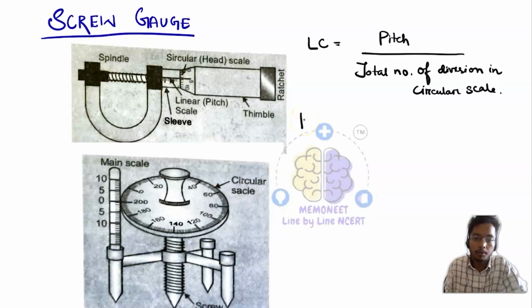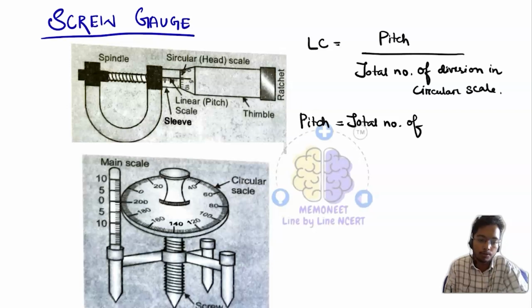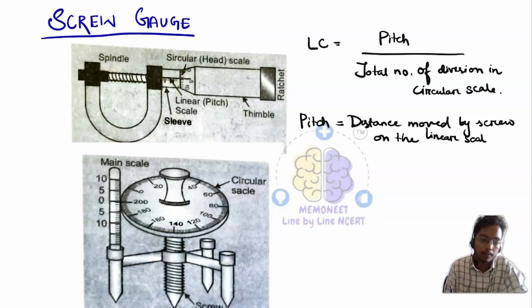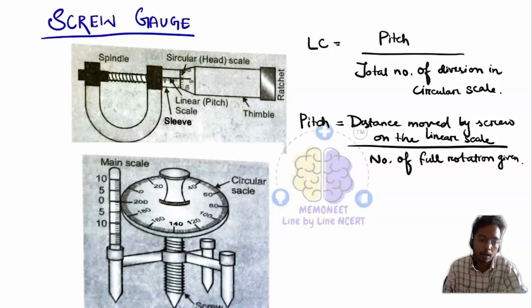Pitch is given as the distance moved by the screw on the linear scale upon the number of full rotations given. Okay, so let's use this formula and let's solve one question.